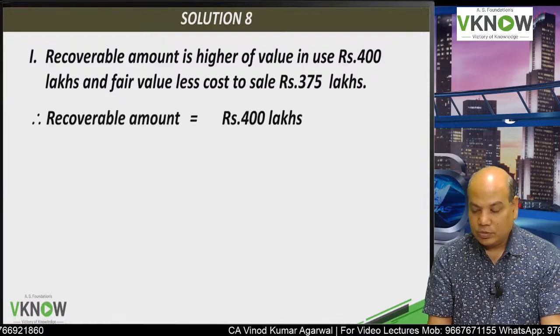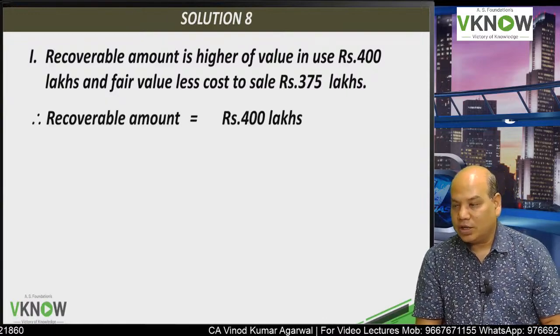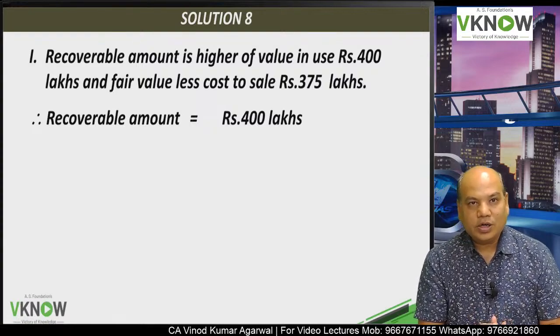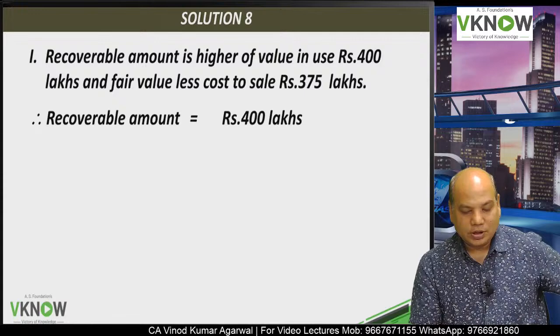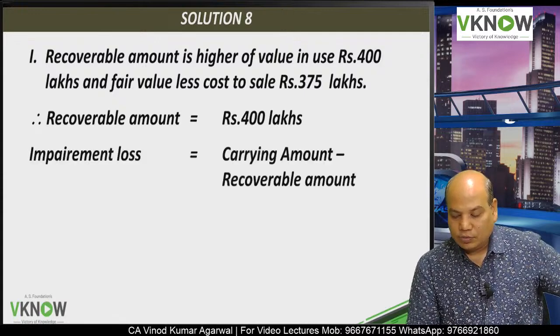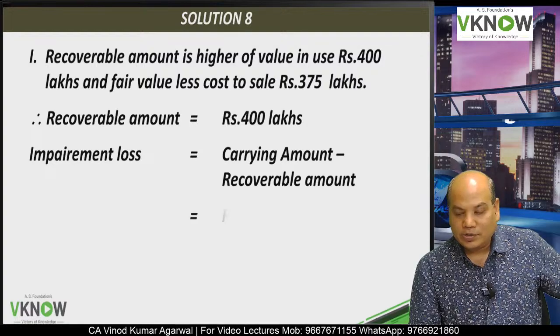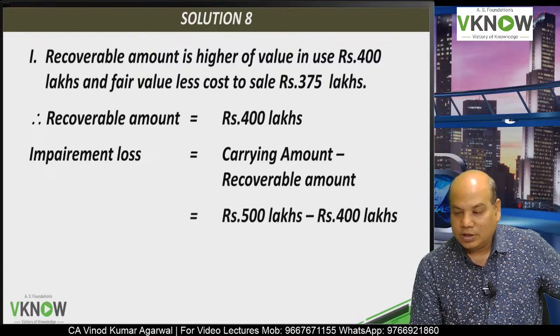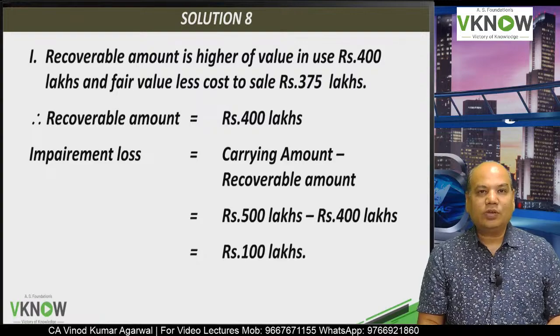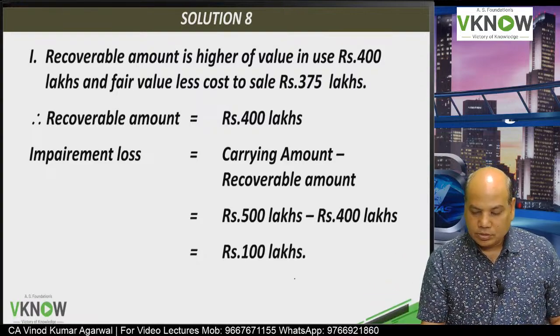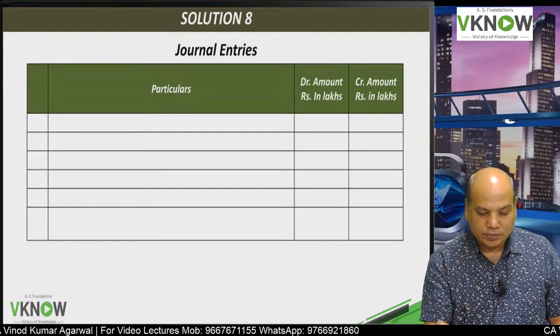First thing is, recoverable amount is higher of the two, that is value in use 400 lakh, net selling price 375 lakh, 400. And impairment loss is carrying amount minus recoverable amount, 500 minus 400 is equal to 100 lakhs. This is right.